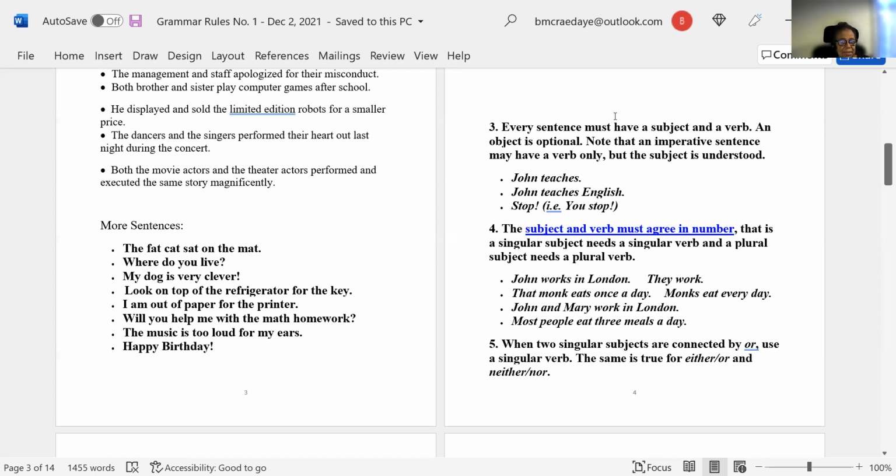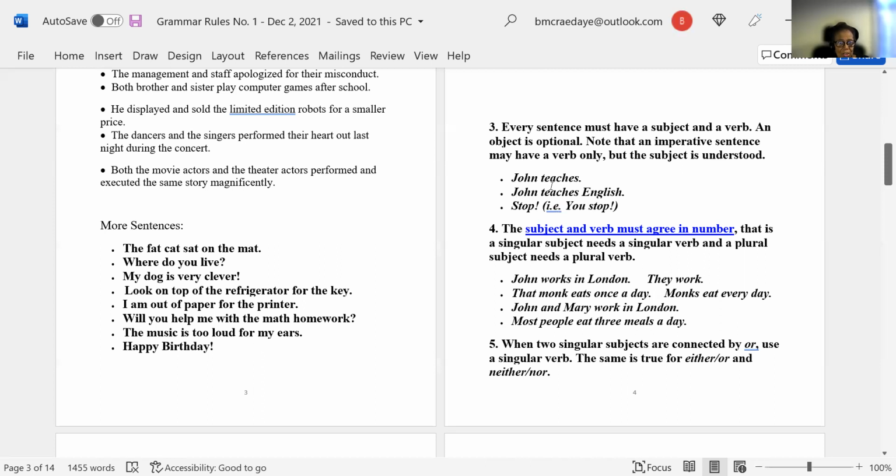Now every sentence must have a subject and a verb. Now I've been referring to object, which is the action of the subject and the verb, but that's optional. And when we say an imperative sentence, that's a sentence giving a command, like stop, look. Okay. In that case, the subject is understood because, for instance, stop means you stop.